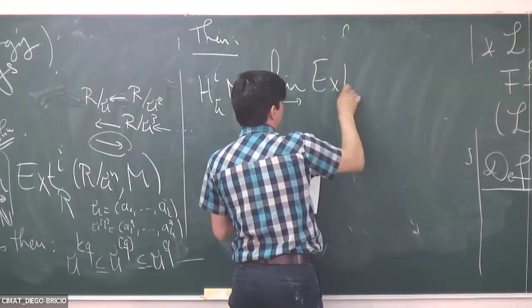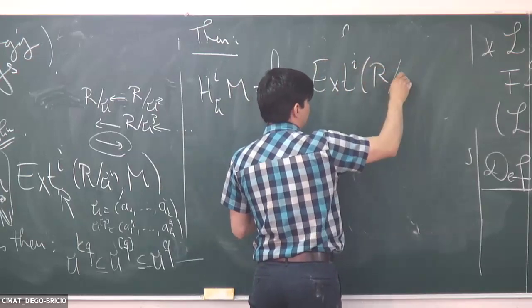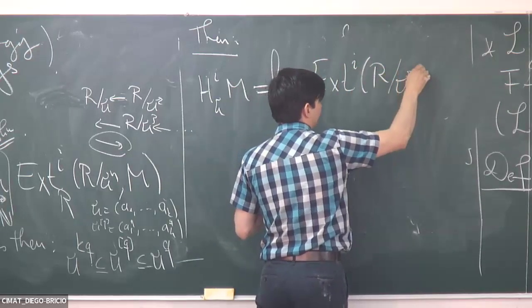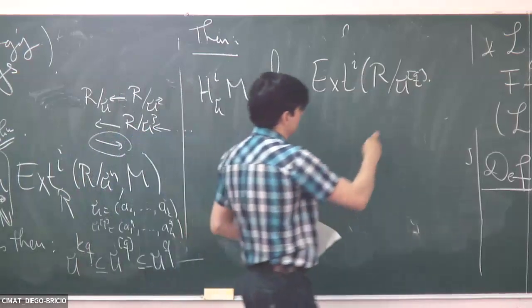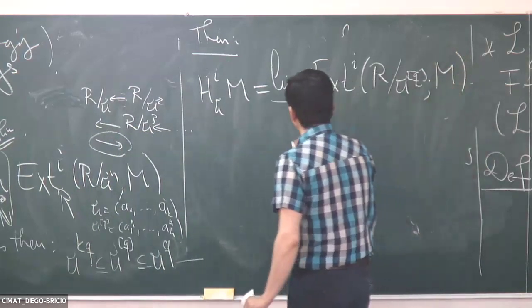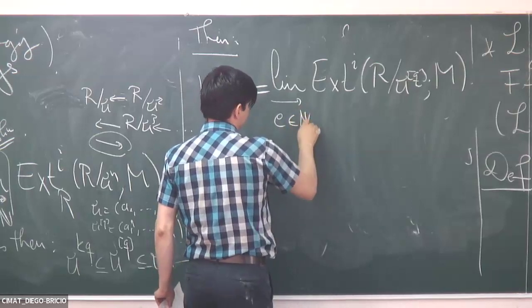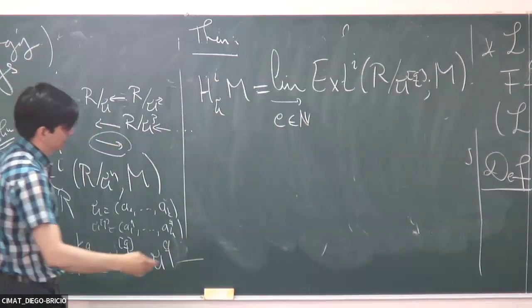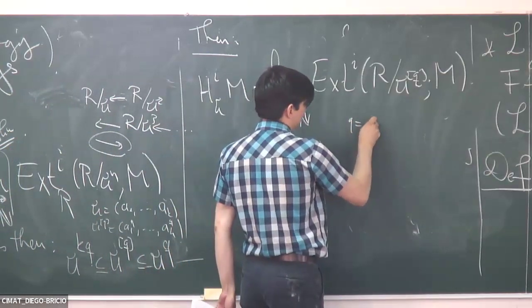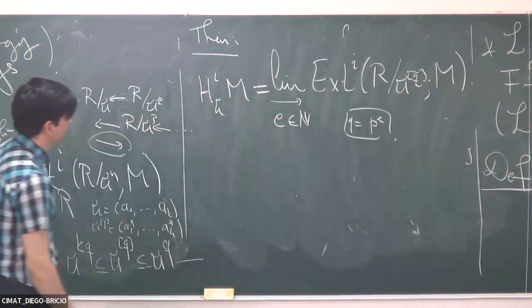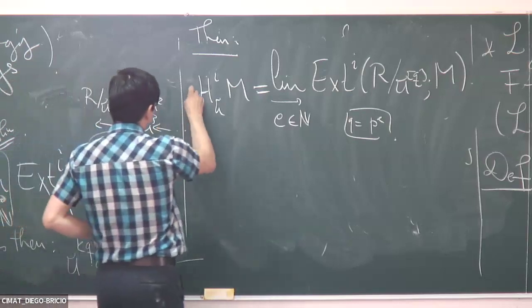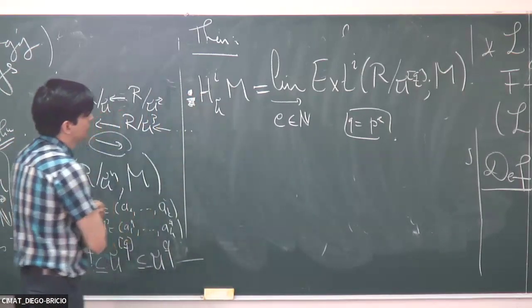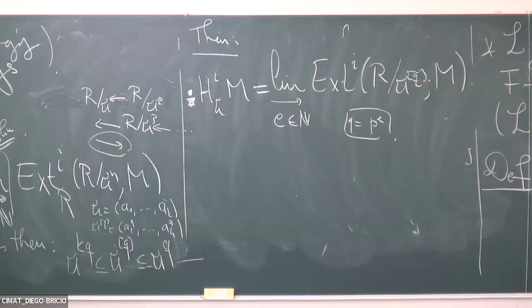Now, instead of using ordinary powers, I'm going to use Frobenius powers, because they're in sandwich like that. Now the limit is over E. Just remember, Q is P to the E. That's the first observation. This is one of the key equalities to study local cohomology using Frobenius.